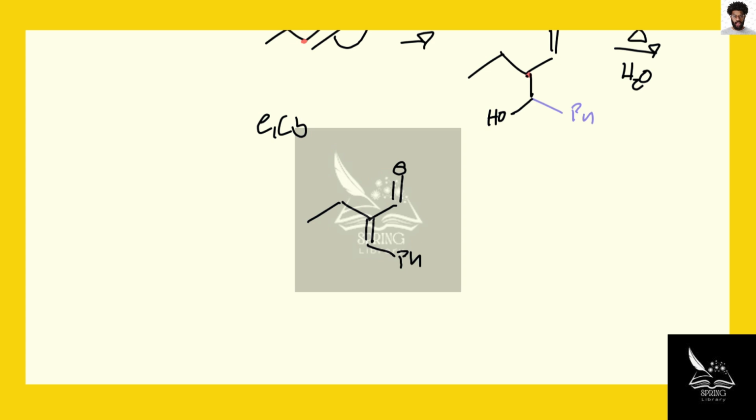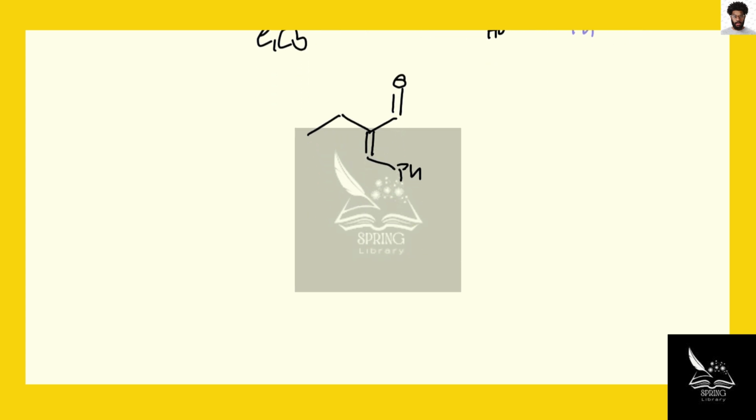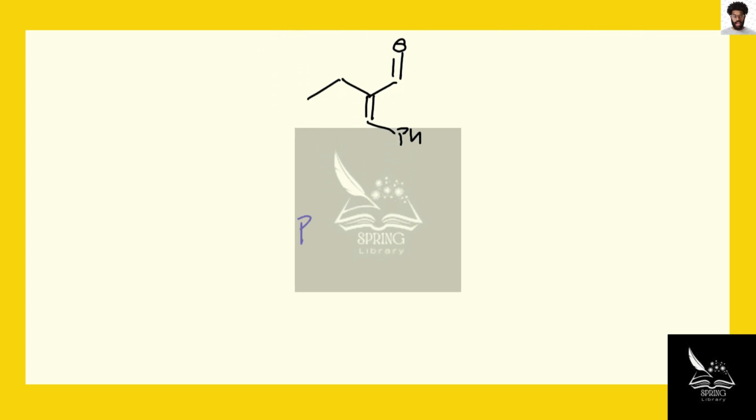One way you can conceptualize this without having to step through the mechanism, which may be helpful in the future, I will color code things again. We've got our phenyl, like so. We've got our 4 carbon chain aldehyde, like so. And if I color this in red, one way you can think about this is look at the carbon that has the enolizable proton.